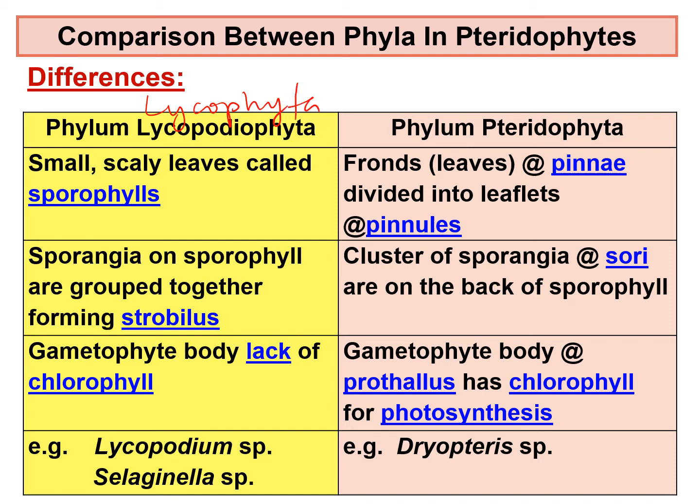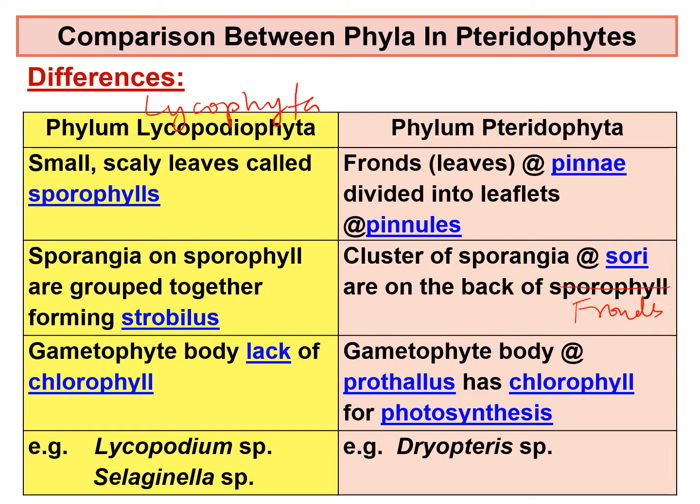The leaves are small and scaly, called sporophylls, while Pteridophyta, the leaves are larger, called fronds or pinna. The sporangia on sporophyll are grouped together forming strobilus, but for the Pteridophyta, the cluster of sporangia are on the back of the leaves. Kita tak panggil sporophyll, kita panggil dia fronds.